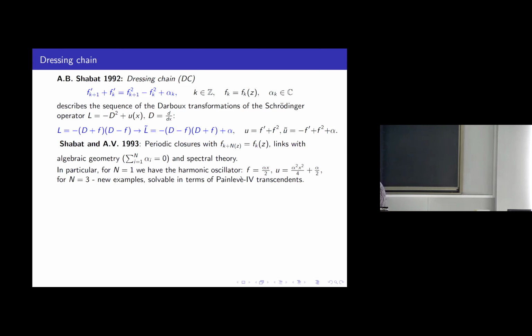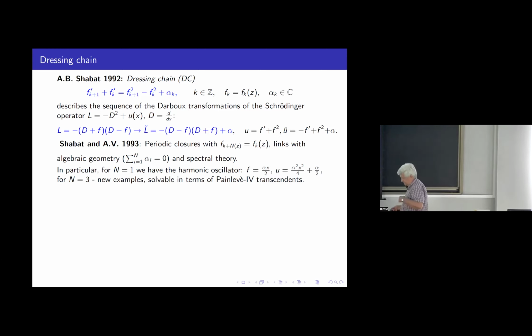And we later looked at periodic closures. That was quite nice, because in this way we found an alternative way to approach what I studied as a student, finite gap theory. I was a student of Sergei Novikov, and finite gap theory was a very hot topic at the time in Moscow.